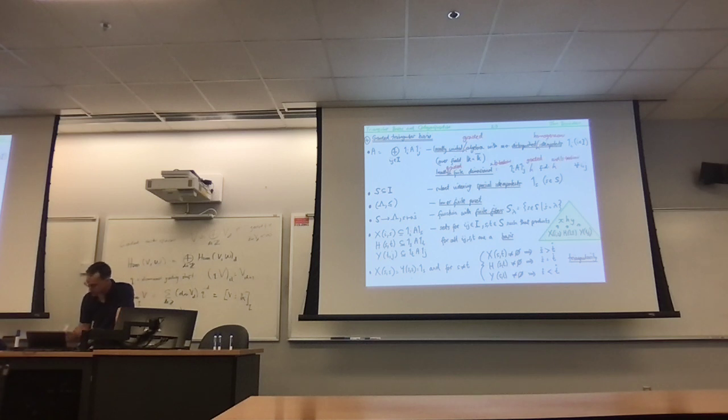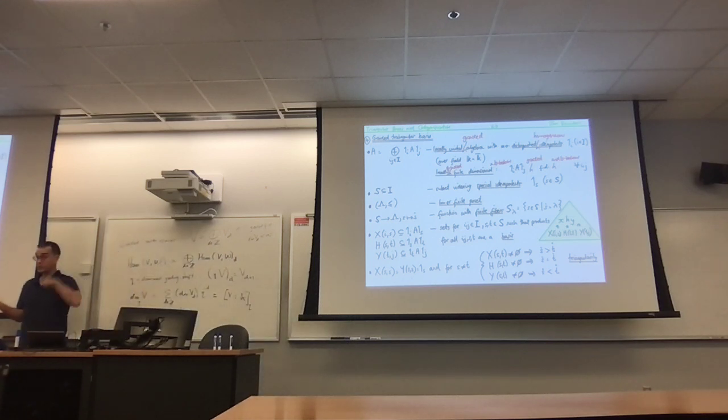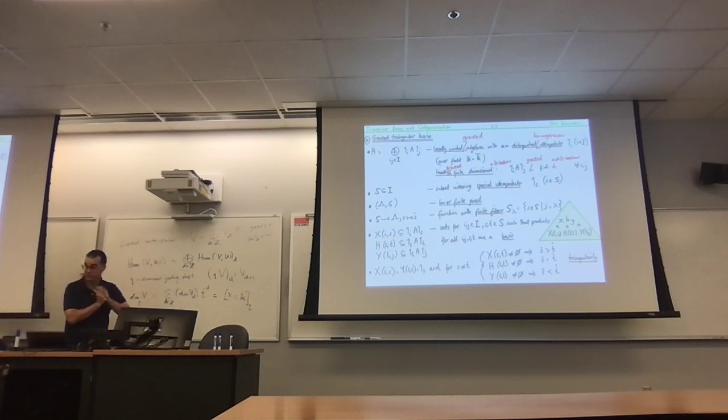But remember, I might have infinitely many of these idempotents. A now needn't be unital like it was earlier today. But each of these pieces, 1_I A 1_J, has some sort of reasonable finiteness about the grading. It's graded finite dimensional and bounded below. It's a very strange setup. And then everything else is the same.